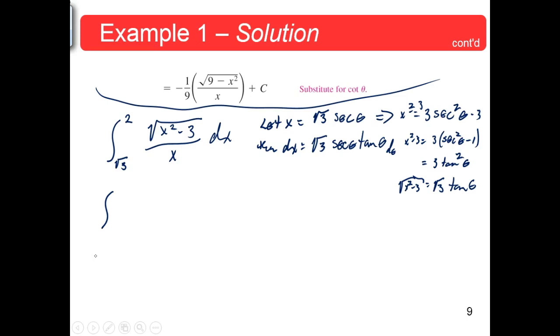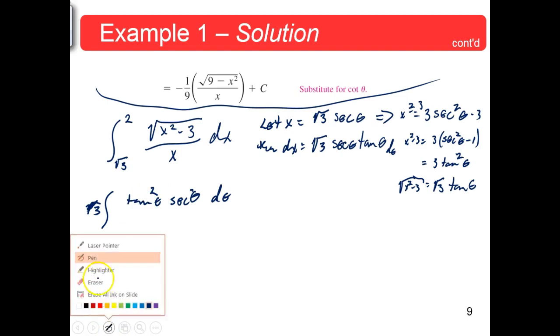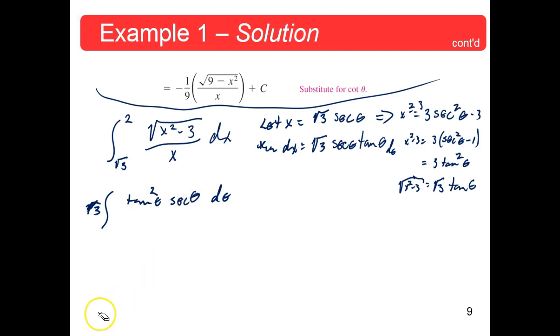All right. Your square root of x squared minus 3 is, I'm going to put the root 3 out front, tangent theta, and my dx is another root 3, so that's just going to be a 3 out front, secant theta times another tangent theta d theta. Okay? That looks a little squirrely. Divided by, and what was our x?